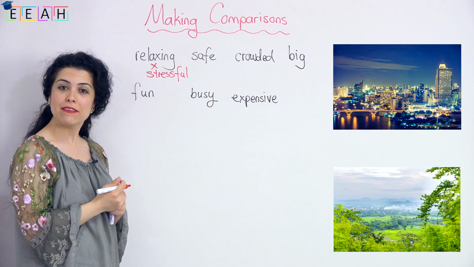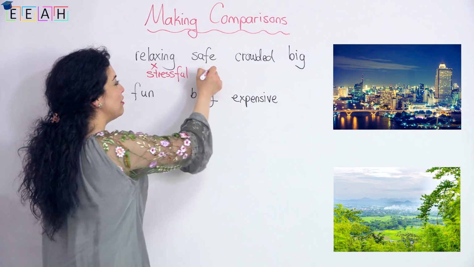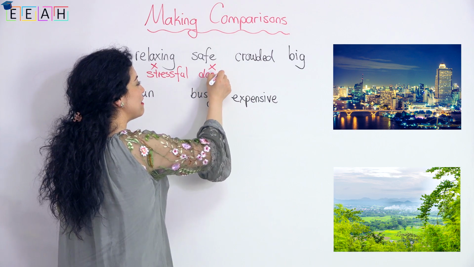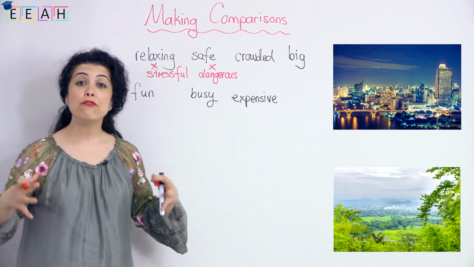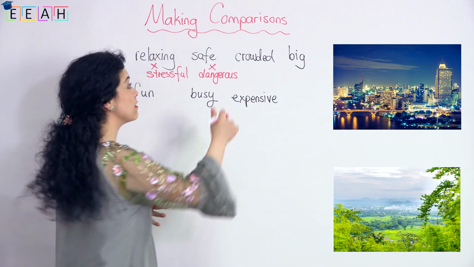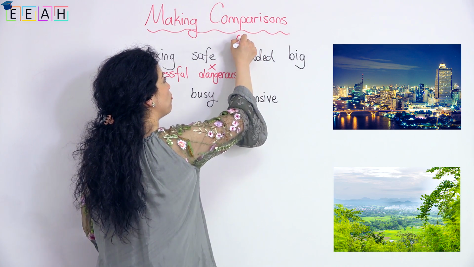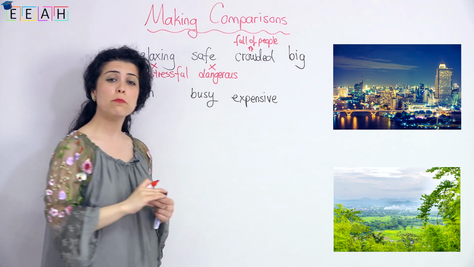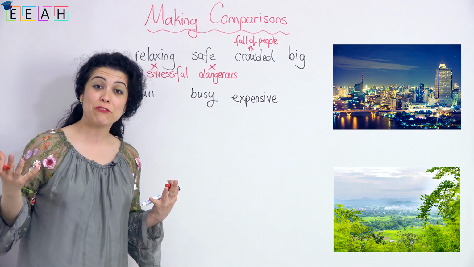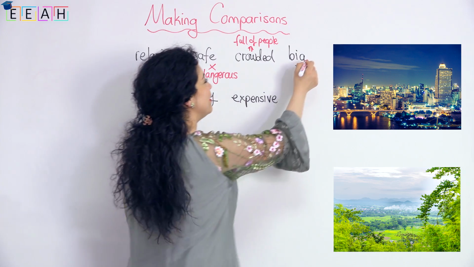Safe means not dangerous. So we can write the opposite means dangerous. Crowded means full of people. Yes, full of people. What about big? Yes, the opposite for big is small.